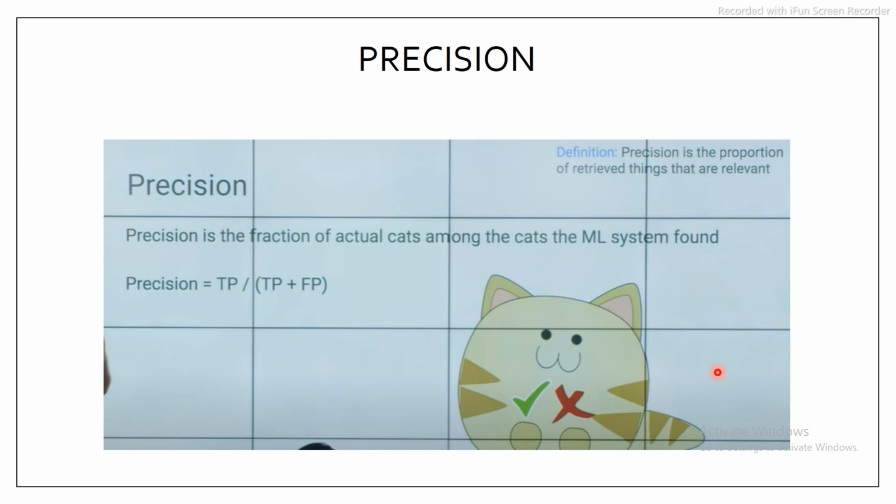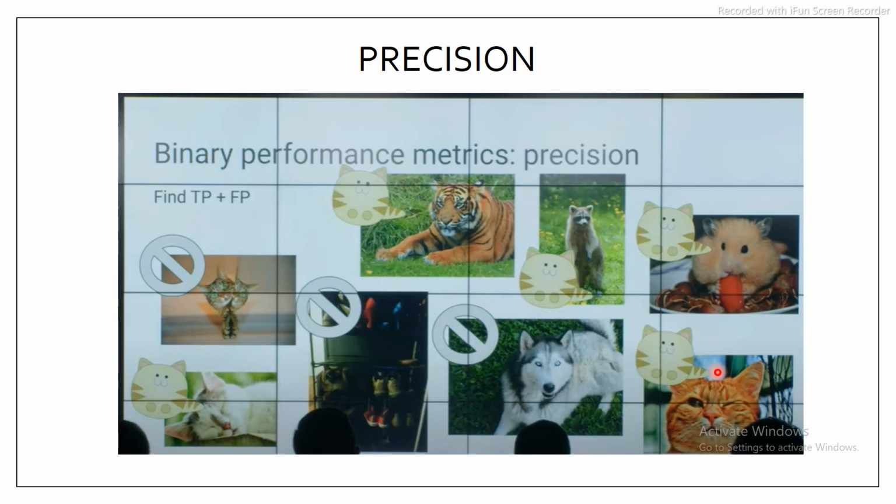So precision is the fraction of actual cats among the cats that the ML system found. Let's say you are predicting in a new maze whether it has a cat or not. So we are just predicting the cat. Precision is true positive divided by true positive plus false positive.